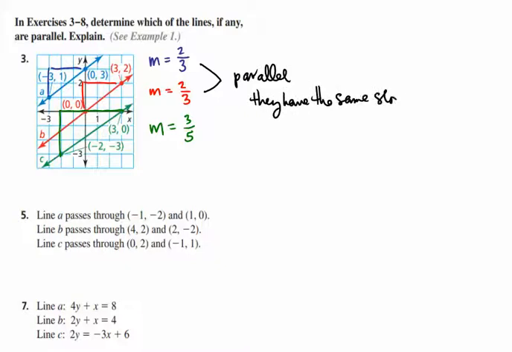Okay, and let's go on to number 5. So here we're not given graphs and we're going to have to use the slope formula. So you can't forget the slope formula.